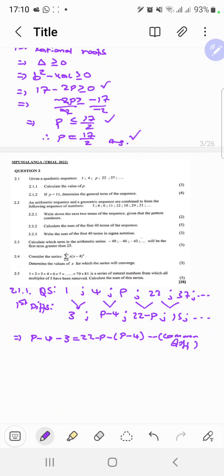So you can say common diff, or you can use the small letter d, which is what is usually used to denote that common difference, or constant difference, as they say. All right, so let's keep going, guys. We're almost there. It's going to be p minus 7 equals 22 minus p plus 4. So this tells us that this is minus p minus p.